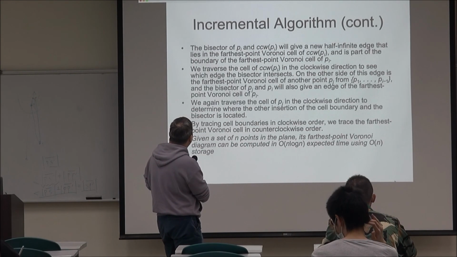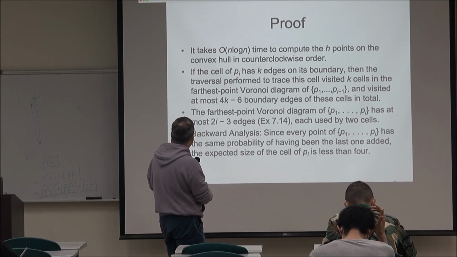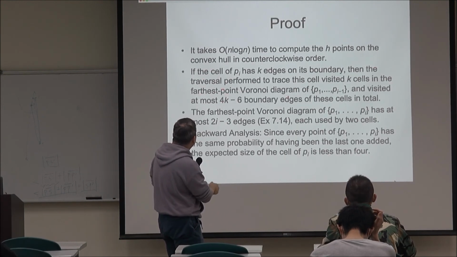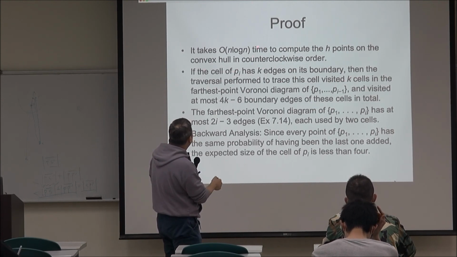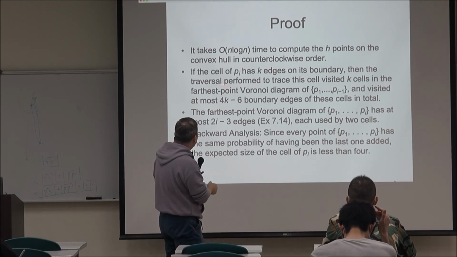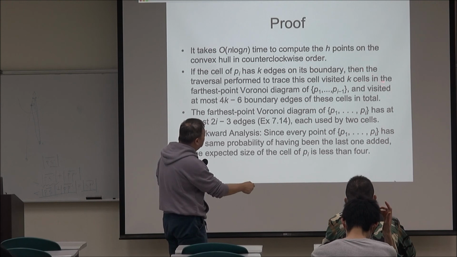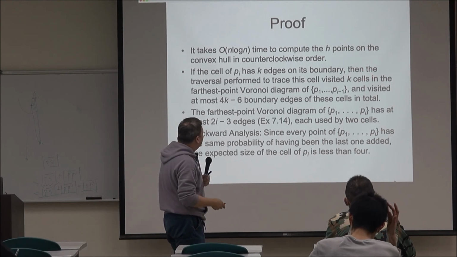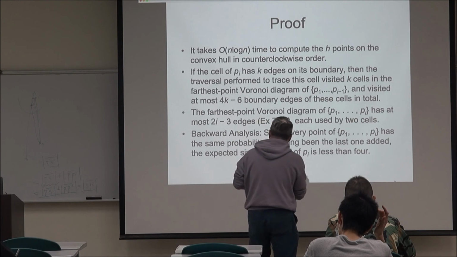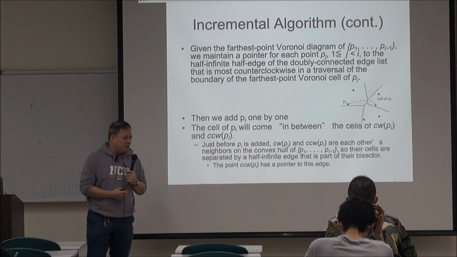To be exact, if it has k cells, it will have at most 2k minus 3 edges in the first point Voronoi diagram.